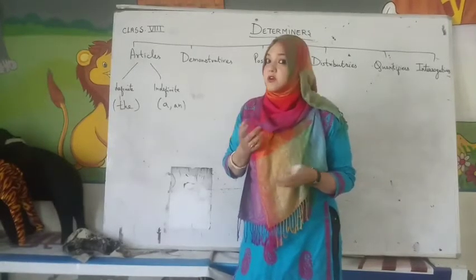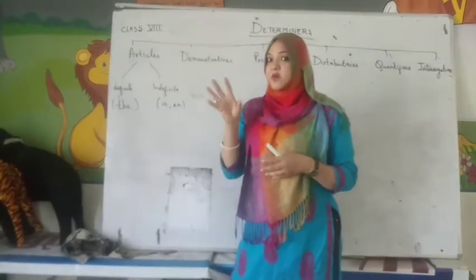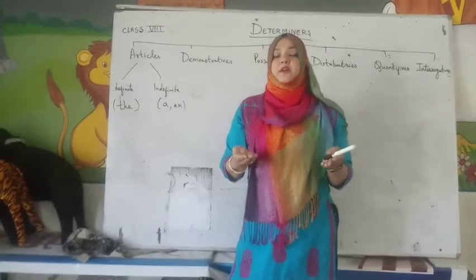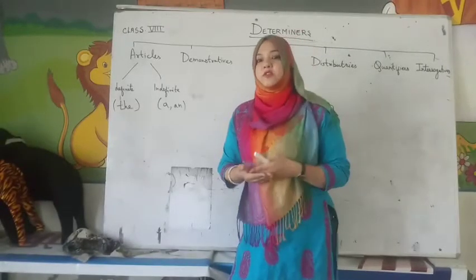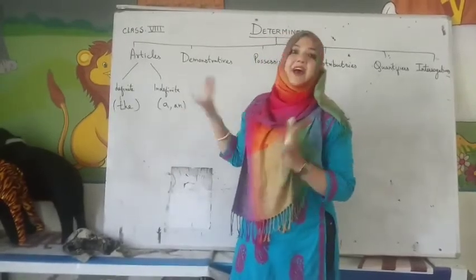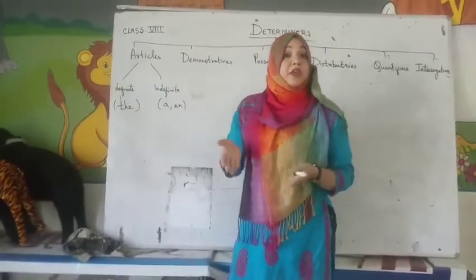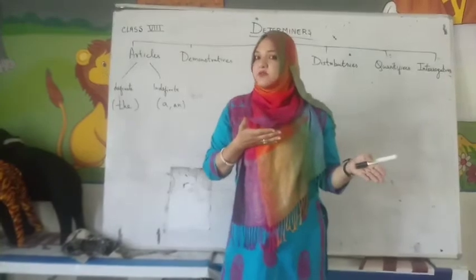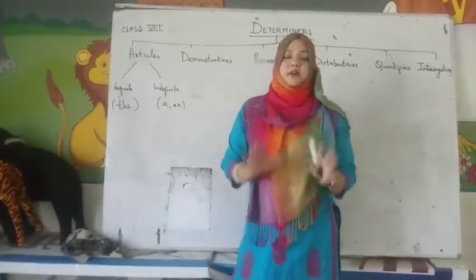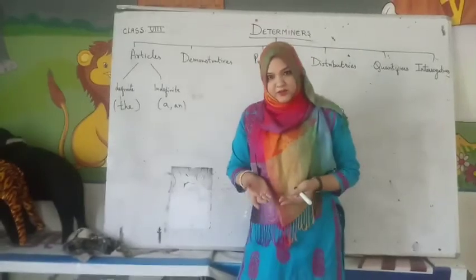Remember, what are consonants and what are vowels? There are 5 vowels: A, E, I, O, U. Any word starting with a vowel or a vowel sound, there we write an in front of that. If it has a consonant sound or starts with a consonant, there we use a. This we have done before.